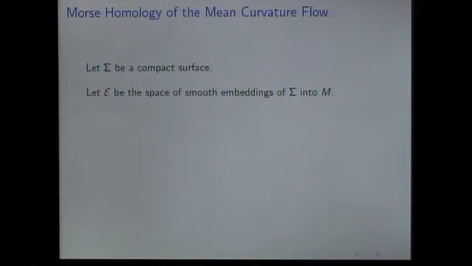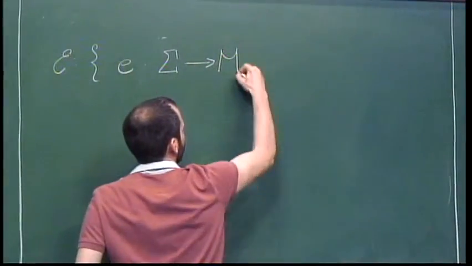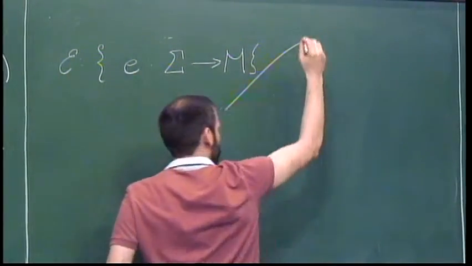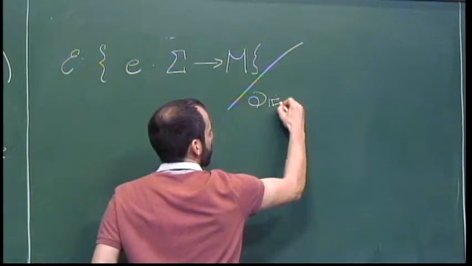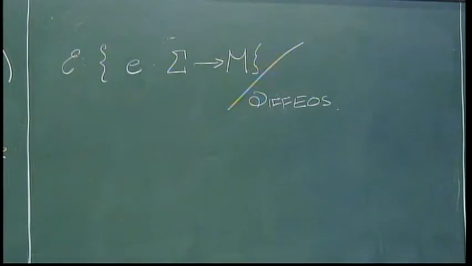It's a space of embeddings which send sigma into M. Now, usually we quotient out by the group of diffeomorphisms. So we're actually interested in reparametrization equivalence classes of embeddings, but most of the time you don't say that because it's a bit of a mouthful. So when you mean smooth embeddings, you actually mean reparametrization equivalence classes.